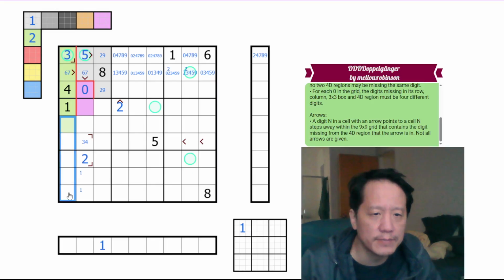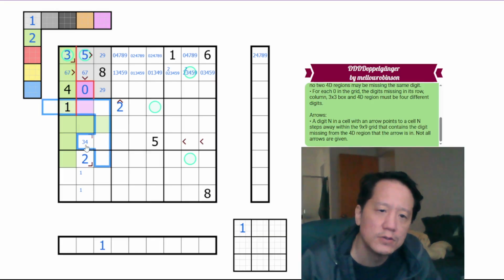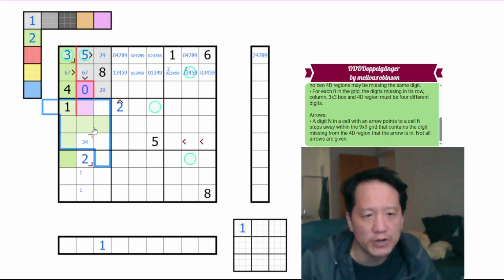So that cannot be 7 going this way, right? So again, the reasoning here is where's 2 in this region? Can't be here, can't be here, can't be here, and can't be in the green region. So it can't be anywhere in box 4. So box 4 would be missing a 2.